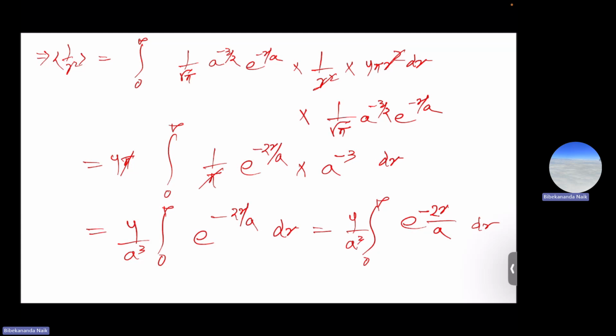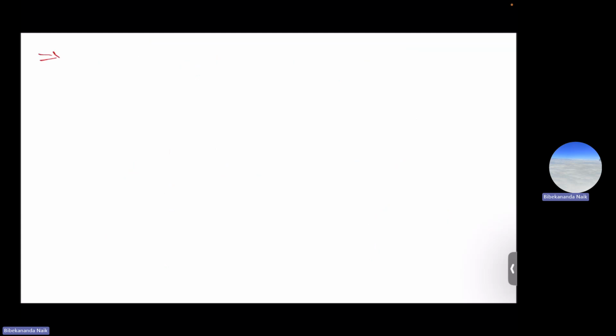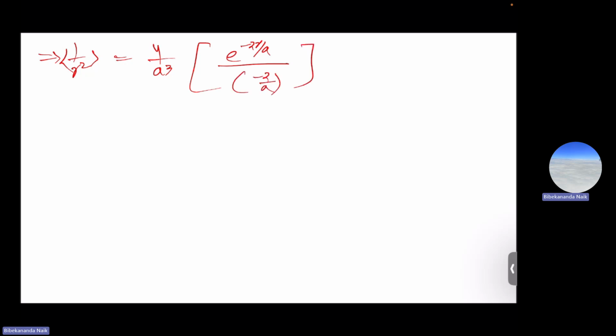So the expectation value of 1 by r square will be 4 by a cube, e to the power minus 2r by a divided by minus 2 by a, 0 to infinity. It will be 4 by a cube into minus a by 2 e to the power minus 2r by a.